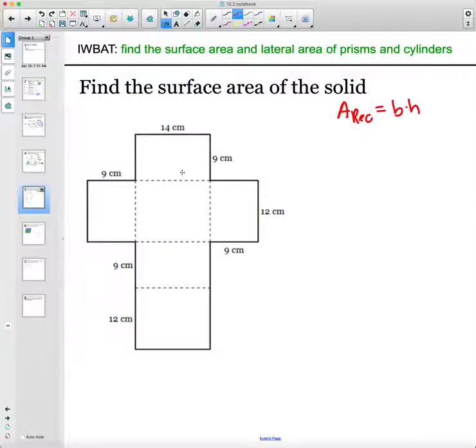For this one it's 9 by 14, so 9 times 14 is 126 centimeters squared. All of these are 14, so we have another 9 by 14 right here, which is 126 centimeters squared as well.